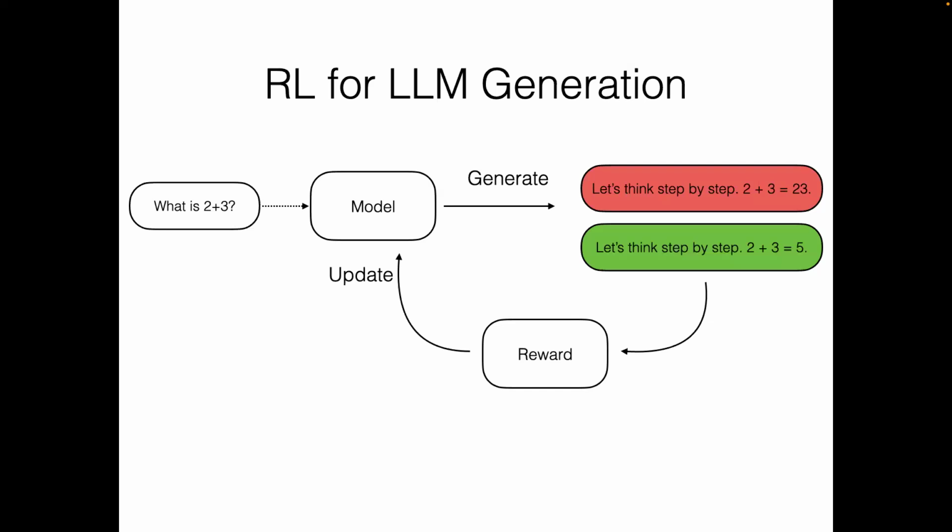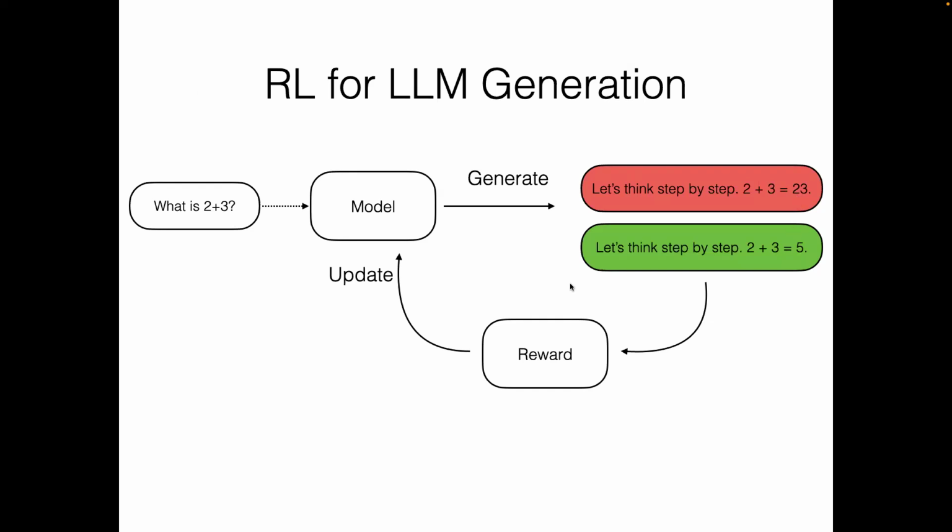So first, just to recap from last time, this is the basic picture we're going to be looking at. Here we have some task we're performing. You have an input prompt, and you have your language model. And now we're going to be generating with the model, and we have some reward function. So the reward can tell us whether the generation is good, so here we have a correct solution, and also whether it's bad.